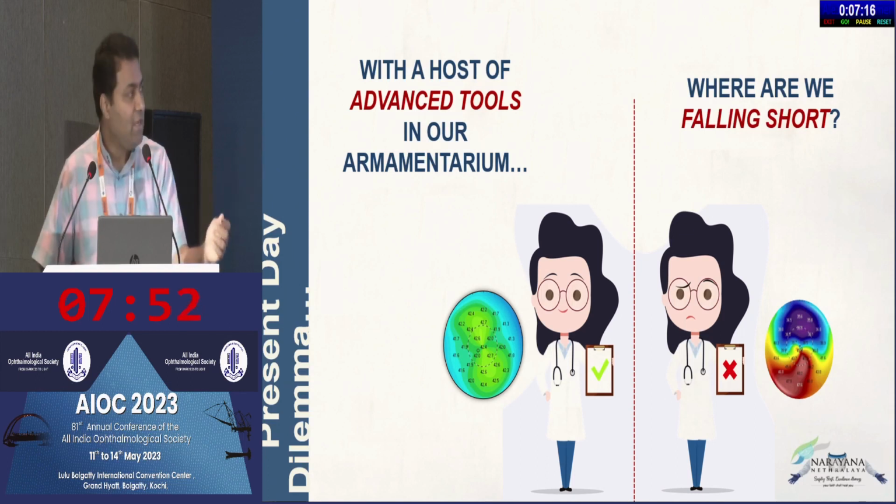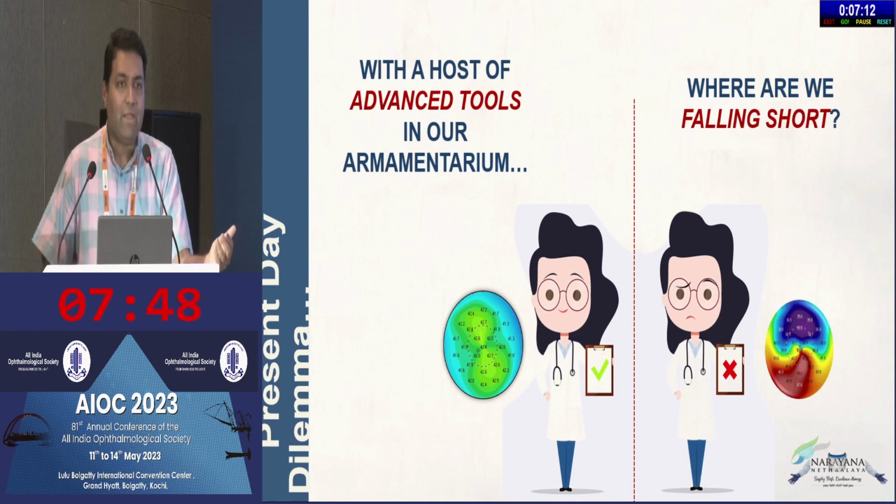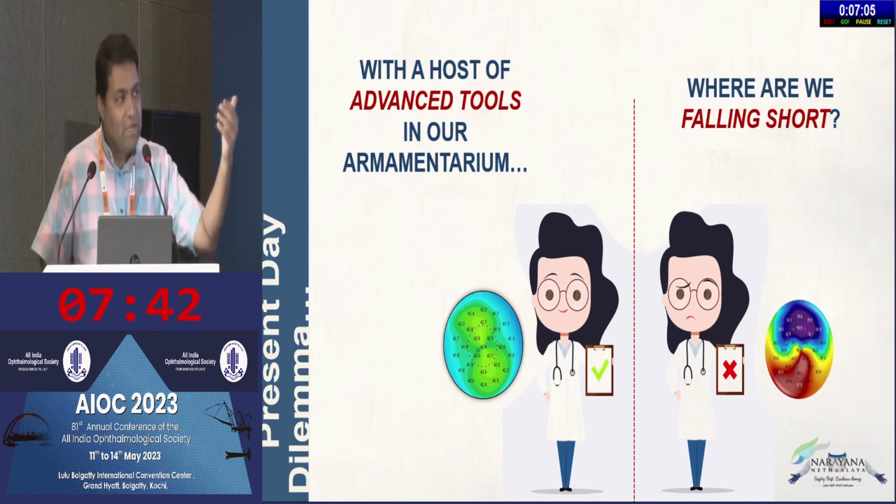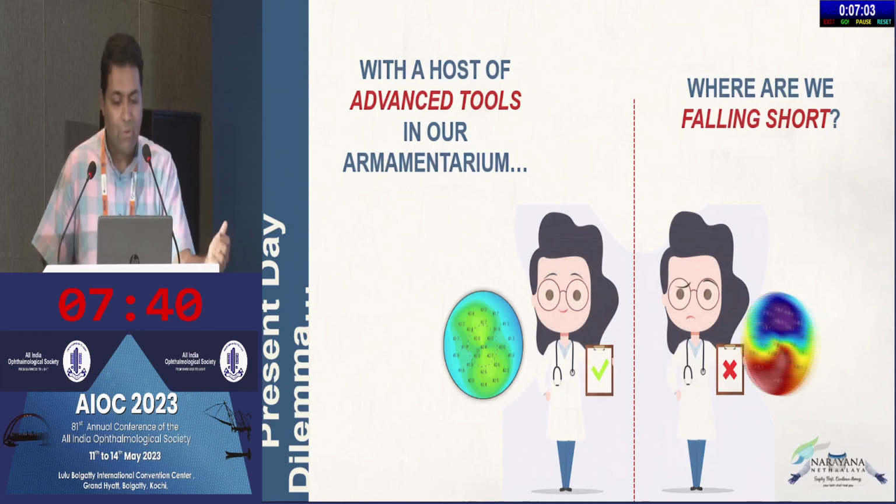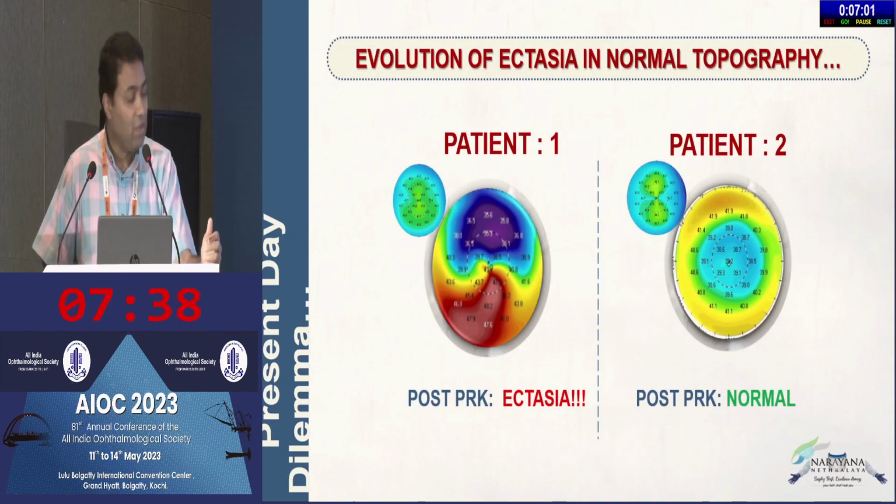And all the senior refractive surgeons in this panel would agree that most of the ectasias or challenges they get are in cases where they had normal indices. So suddenly you start rethinking those sensitivity and specificity figures.